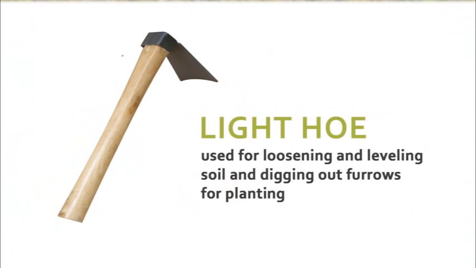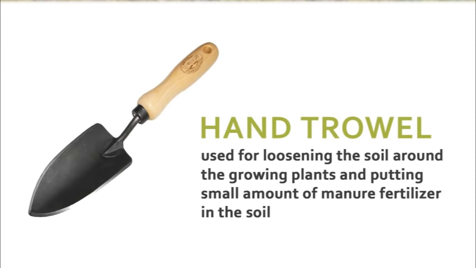Light hoe is used for loosening and leveling soil and digging out furrows for planting. We have hand trowel, which is used for loosening the soil around the growing plants and putting small amount of manure, fertilizer in the soil.